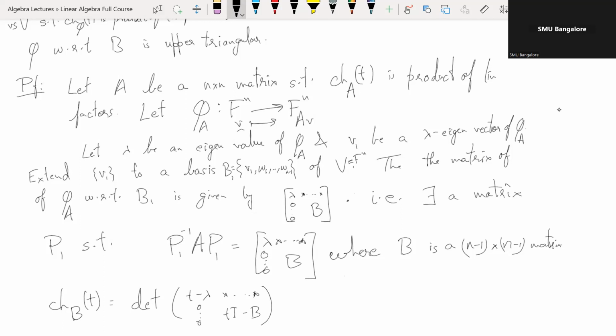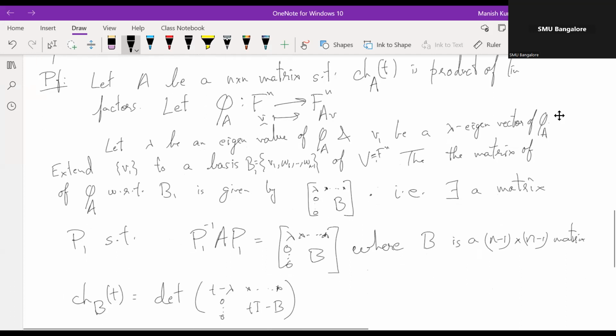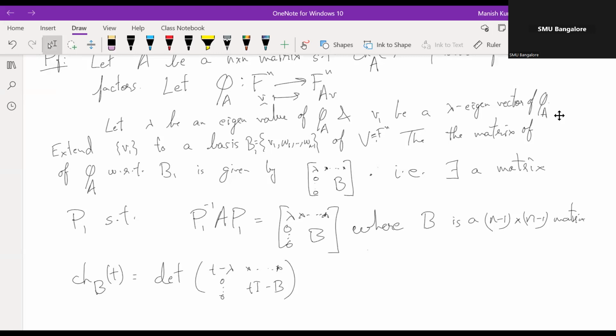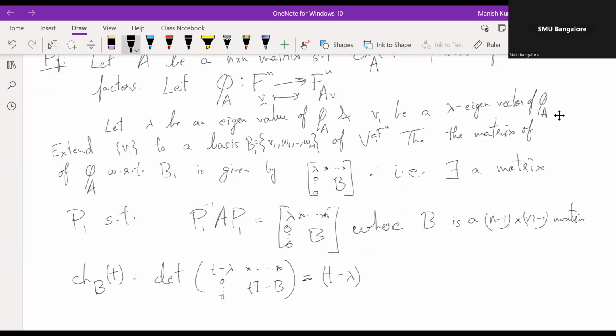What is the determinant of this block matrix? It is T minus lambda times the determinant of this block, because it's an upper triangular block matrix, so it's just the product of the determinants of the diagonal blocks.